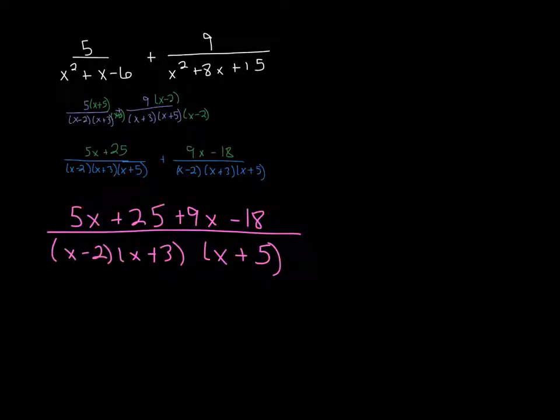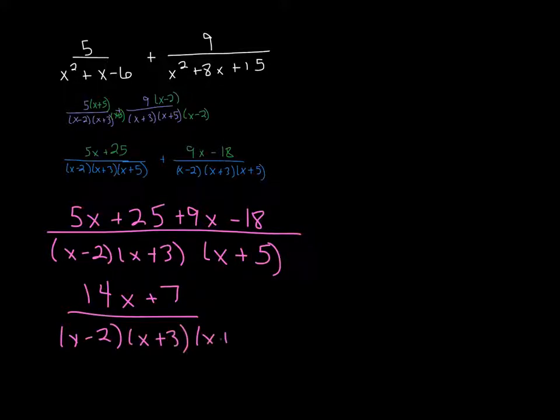Okay, now I do have like terms to combine. 5x plus 9x is 14x, and 25 minus 18 is 7. And then, of course, I still keep my common denominator. And usually it's okay to just leave your denominator in factored form. You don't need to go back and multiply.